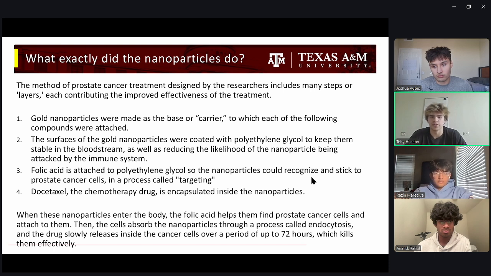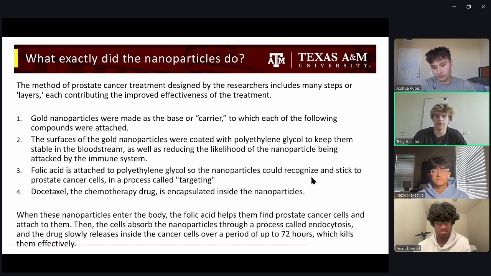Two, the surfaces of the gold nanoparticles were coated with polyethylene glycol to keep them stable in the bloodstream, as well as reducing the likelihood of the nanoparticle being attacked by the immune system. Three, folic acid is attached to polyethylene glycol so the nanoparticles could recognize and stick to prostate cancer cells in a process called targeting. And four, docetaxel, the chemotherapy drug, is encapsulated inside the nanoparticles.